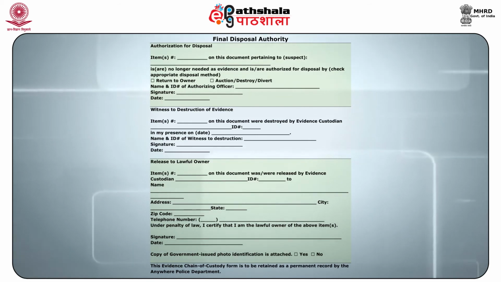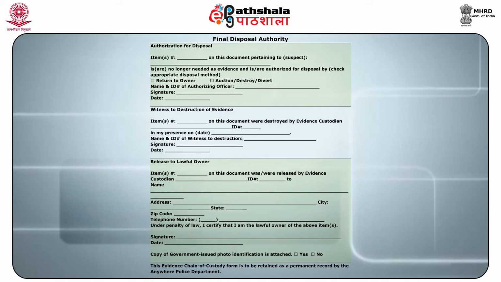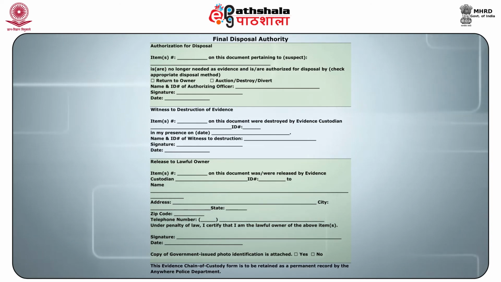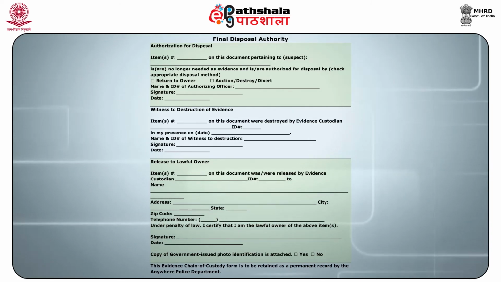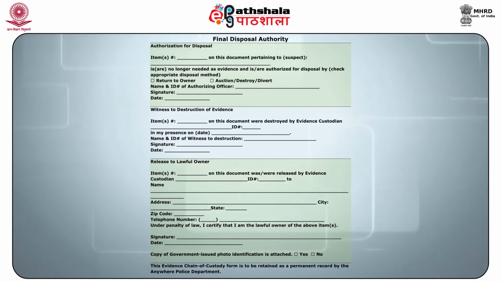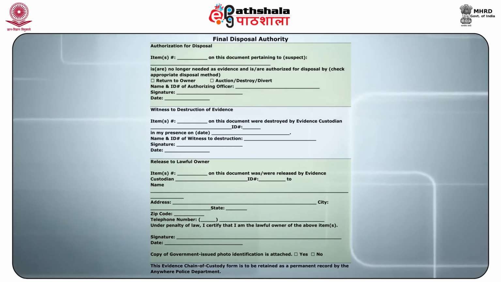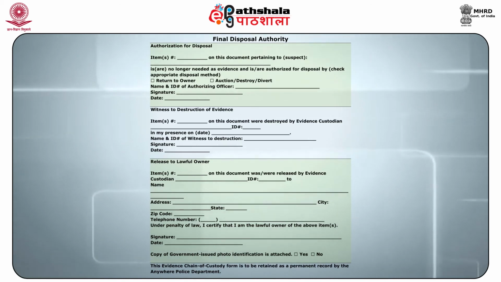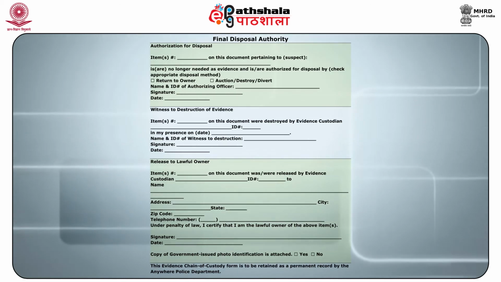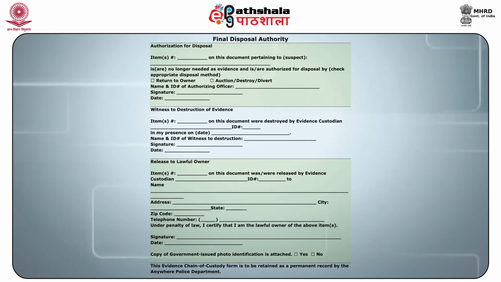Now the final disposal authority form. In this, the authorization for disposal of items, and return to the owner. The next option is for auction, destroy or divert, name and ID of the authorizing officer. Next option is for the signature, and next is date, witness to the destruction of evidence items.